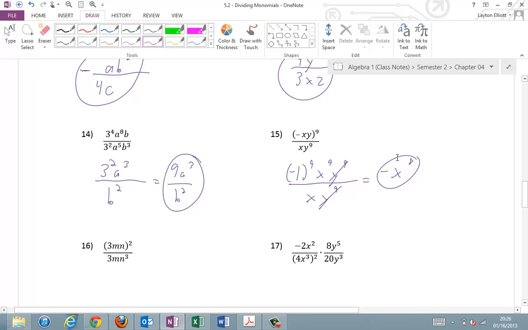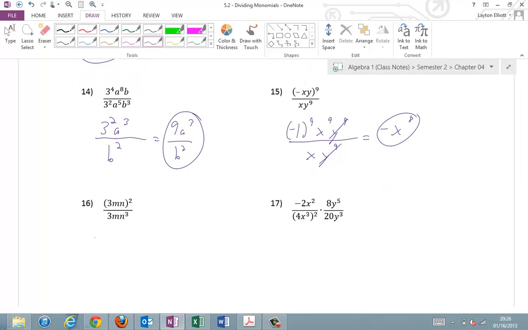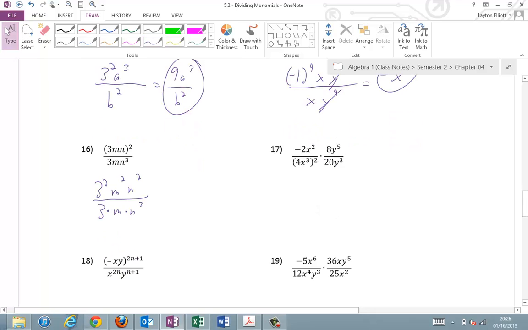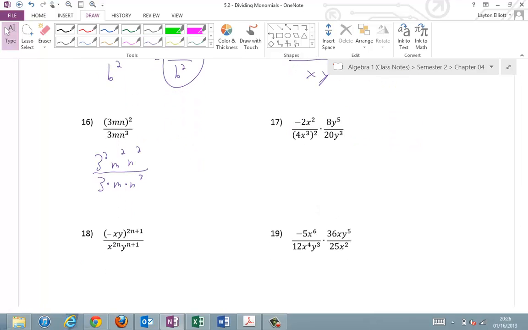Number 16, we're going to follow order of operations and raise the 3 squared, m squared, n squared, over. And I'm going to stick dots in between these because I really want you to see the separation of this. It's kind of tricky with what's happening up above. This is really 3 times m times n to the 3rd. That third power in the denominator is only part of that n, part of nothing else.